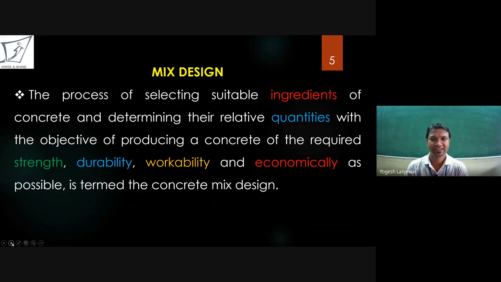So mix design is not only selecting the ingredients of the concrete, but we also have to achieve our objective in terms of strength, durability, workability, and economy. Whatever mix design we prepare for the required concrete, it should have very good strength, it should be durable, it should achieve the workability, and the very important one, it should be economical.